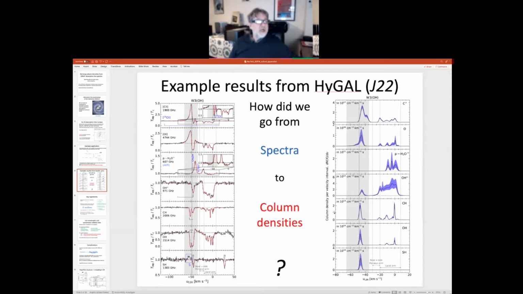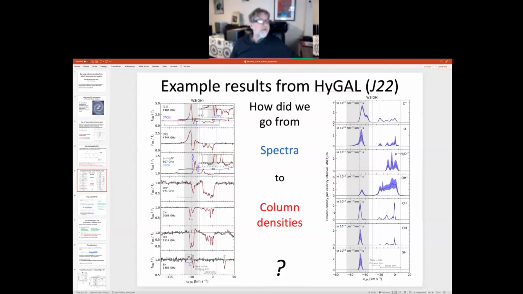So let me now show some example results from HiGAL, again from Jacob et al. 2022. What you see here are the spectra we obtained in the left-hand panel for 7 different species that we could observe.